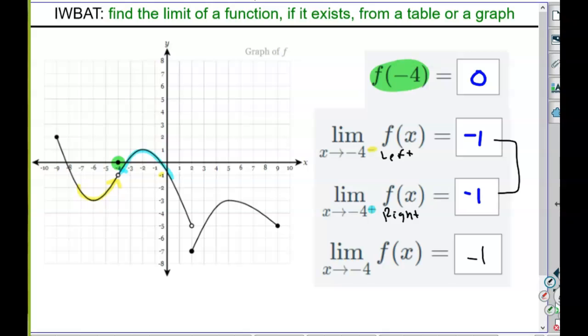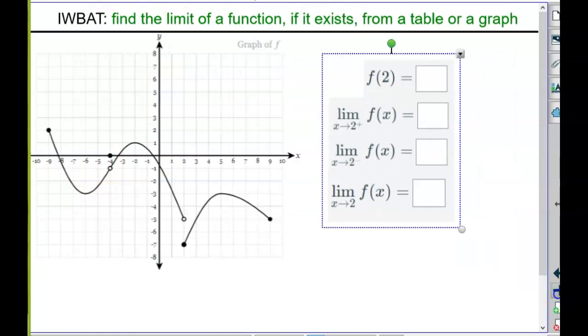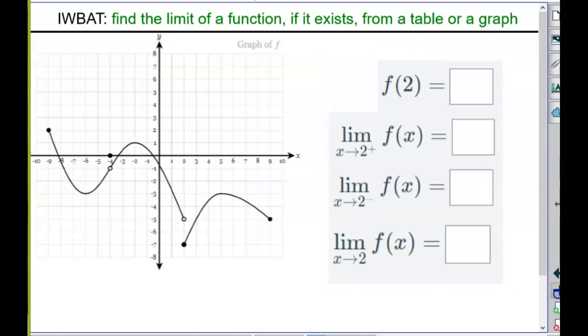Now, I love this example because it shows that the limits can all exist, and notice, it doesn't have to equal the point. Limits aren't what is the exact location. Limits are, as you approach it and get closer and closer, where are you headed? Okay. All right, try this one really quick. You know what? Let me just do that one.